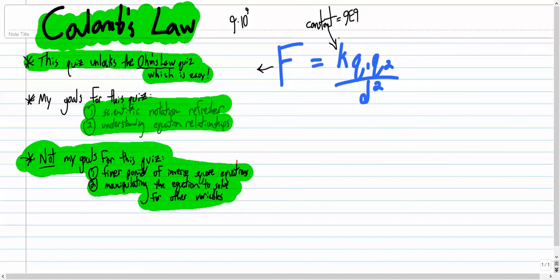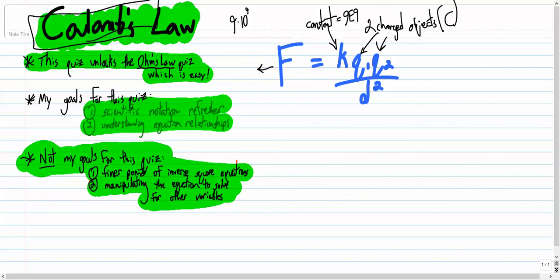All right, what are these two Q's? These two Q's are the two charged objects that we're looking at. If you're going to measure a force of electricity between two objects, you've got to have two charged objects, and that's what these two Q's are. These are measured in, you guessed it, coulombs, or a capital C on the quiz.